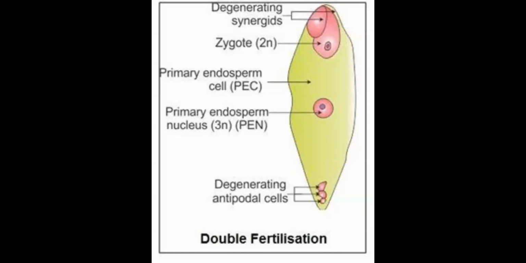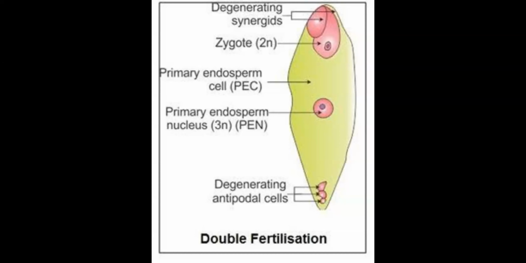Fine. So let's talk about the double fertilization. The pollen tube enters inside the ovule through the micropyle. Correct.